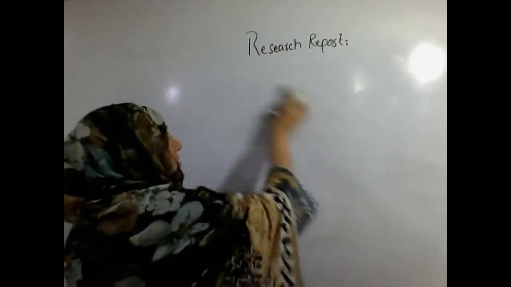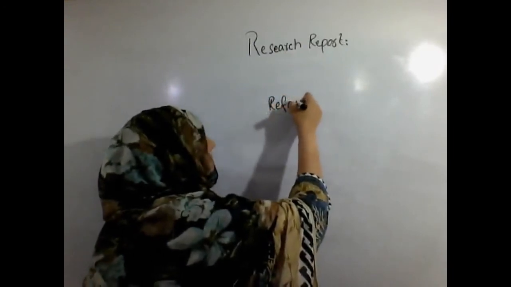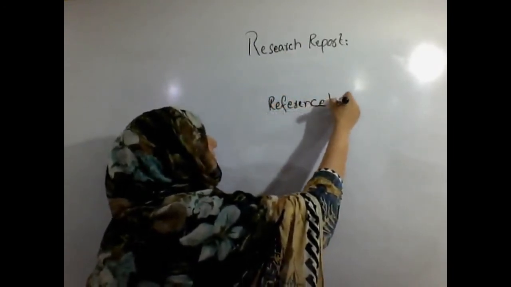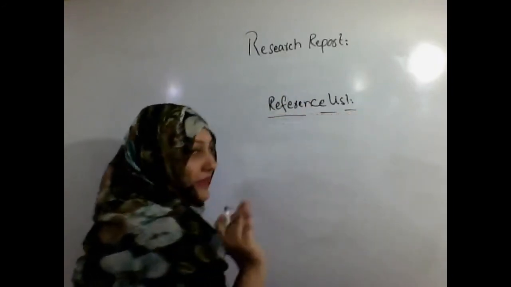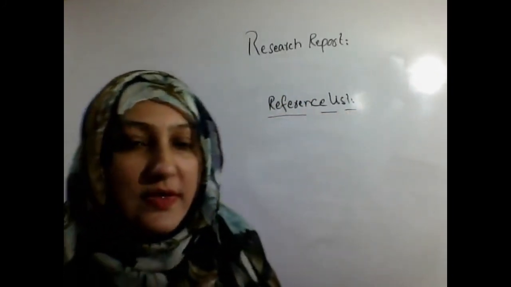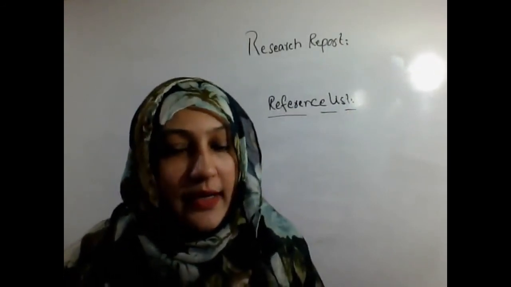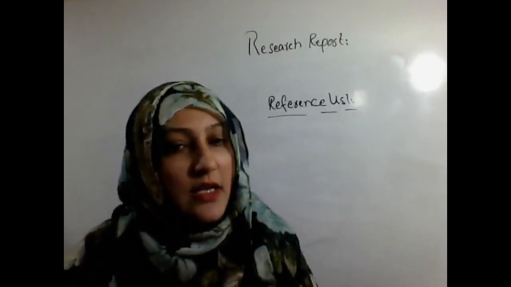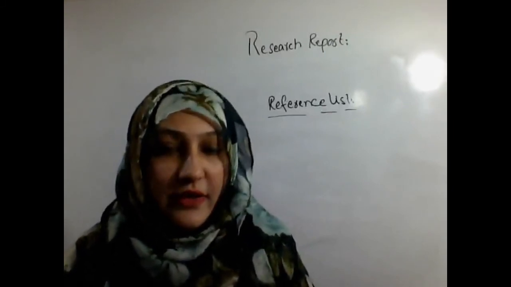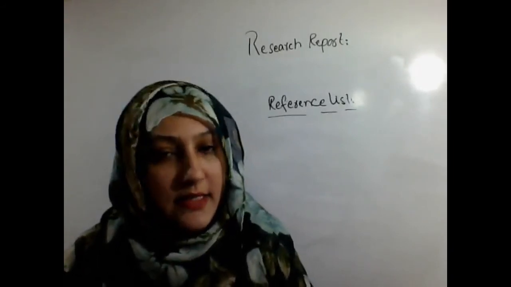After the summary section, the last part of your research report is the reference list, in which you list all the references you used in the introduction section, in your methodology section, in your review of literature section, or in your discussion section.